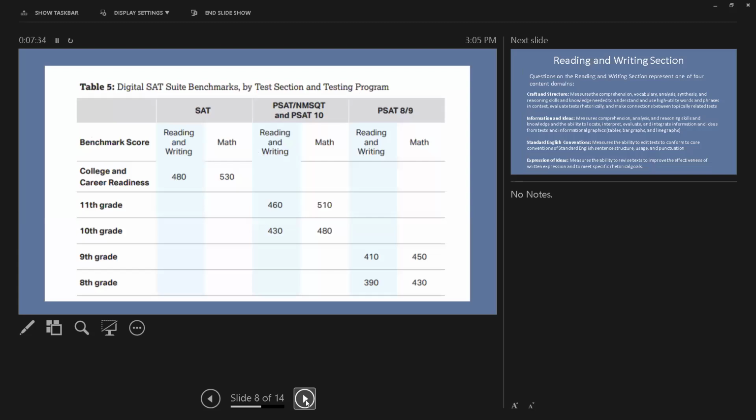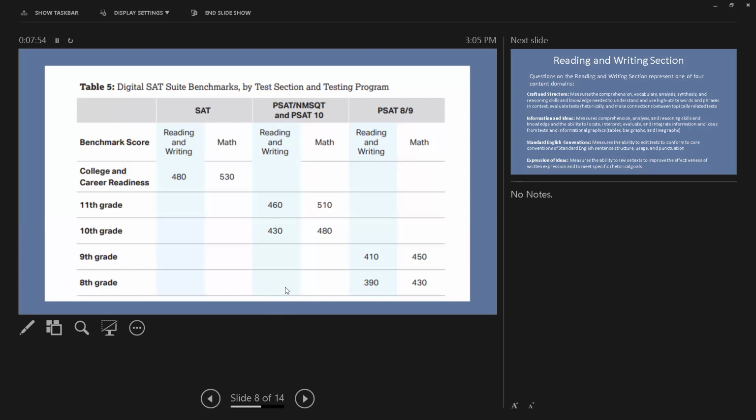Now, the next part is about the benchmarks. It depends on whether you are planning to go for grade 8, grade 9, grade 10 or grade 11. The required score will be different grade wise.